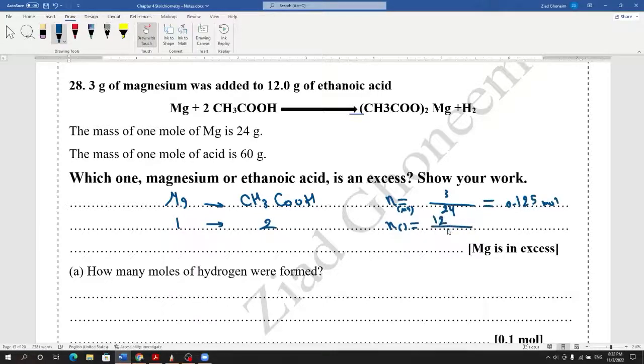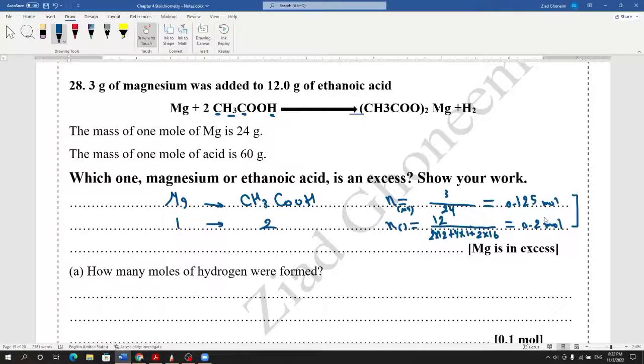For ethanoic acid, we have 12 grams divided by the relative molecular mass for ethanoic acid, which is 2 multiplied by 12 plus 4 multiplied by 1, because we have 4 hydrogen atoms, 3 here and 1 here, and these are the 2 carbons, plus 2 multiplied by 16, because we have 2 oxygen atoms. That would be equal to 0.2 mole.